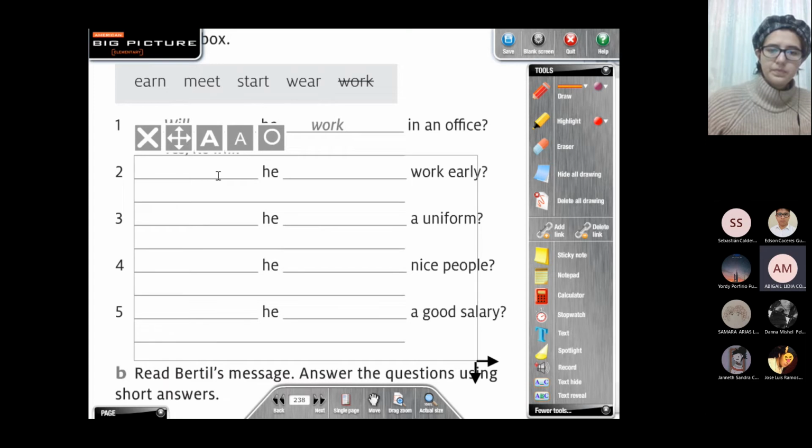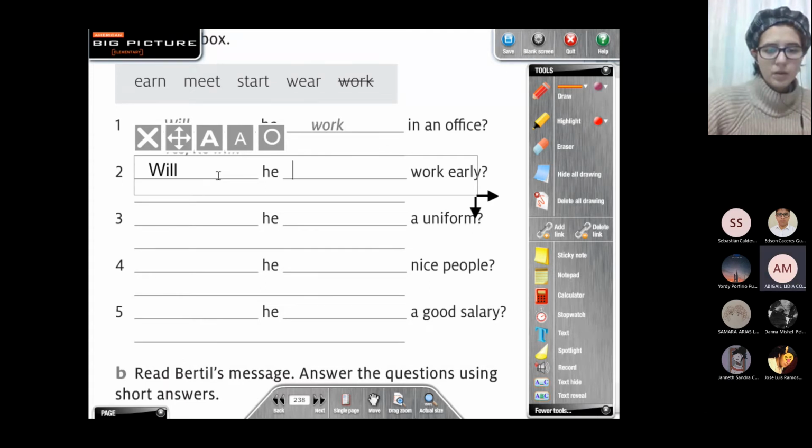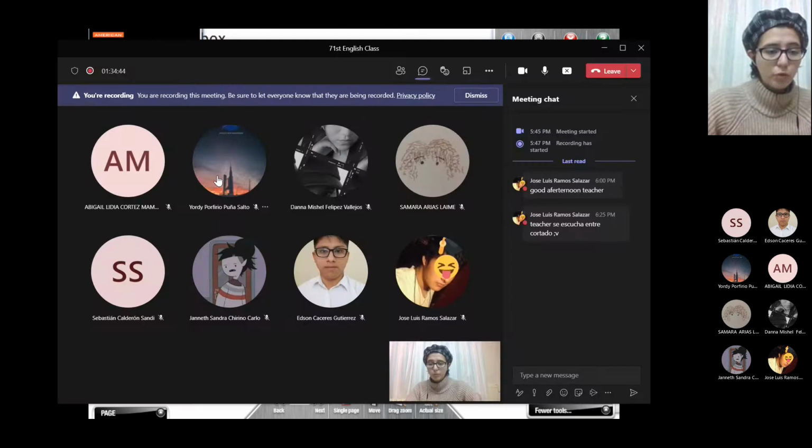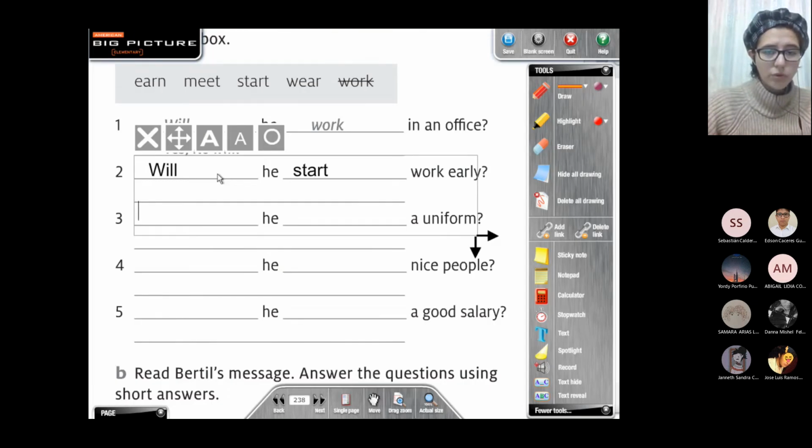Will he start? Start, right? Will he start work early? Okay. Number 3, Sebastian, what do you have for number 3? Sería will he wear uniform? Perfect. That's it. Will he wear a uniform?